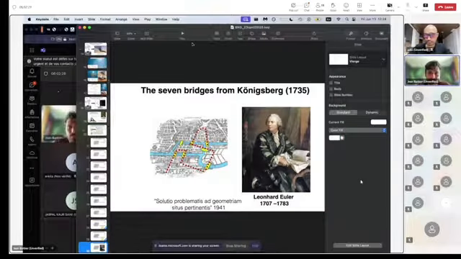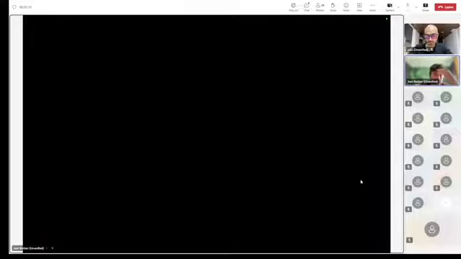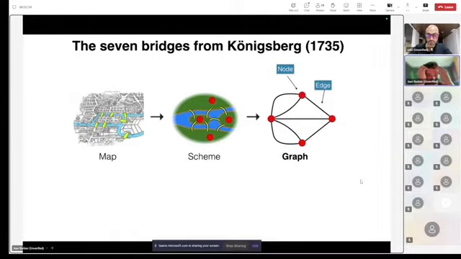Yes, okay, perfect. So the solution that Euler found came through abstracting a bit the problem. So what he has done is the following. He took the map and he associated every bank and the island to a node.